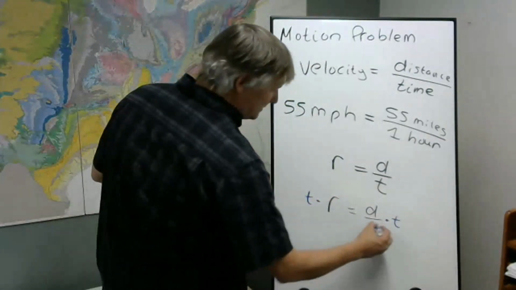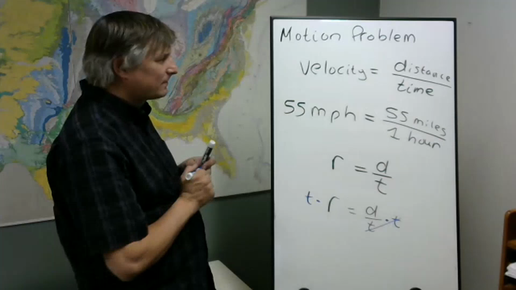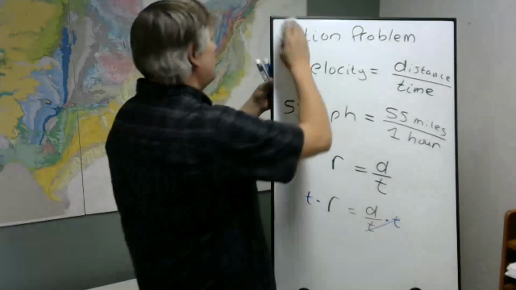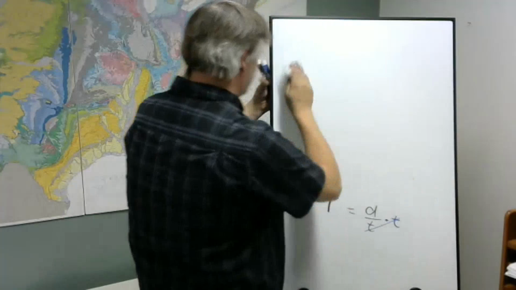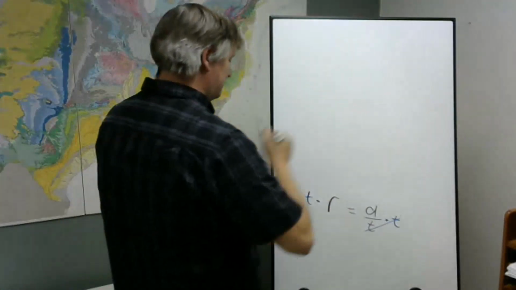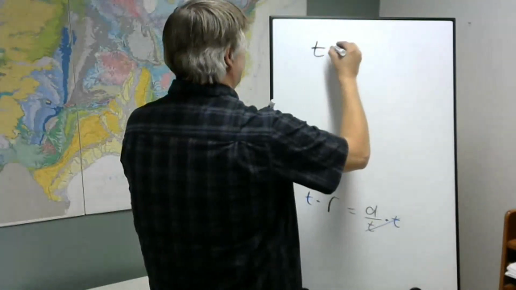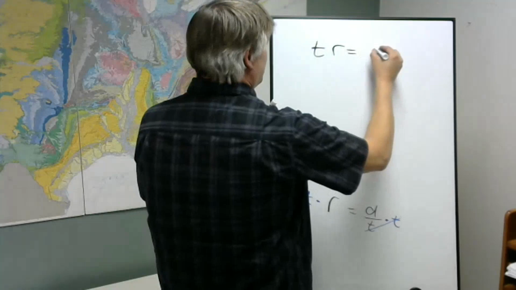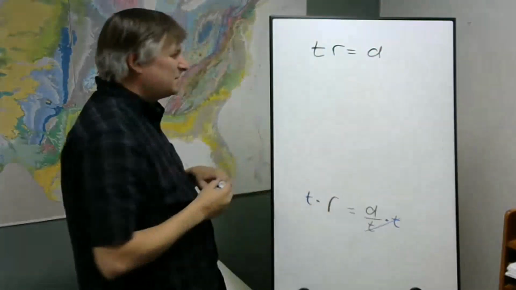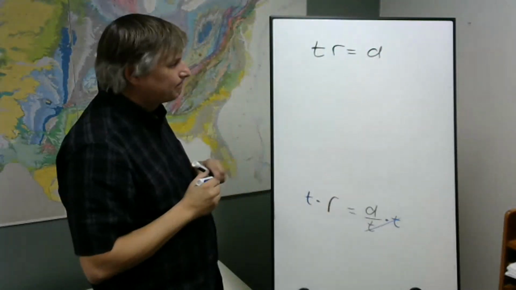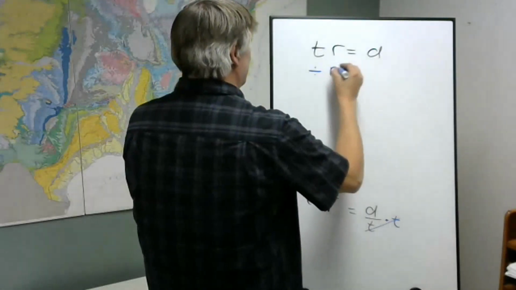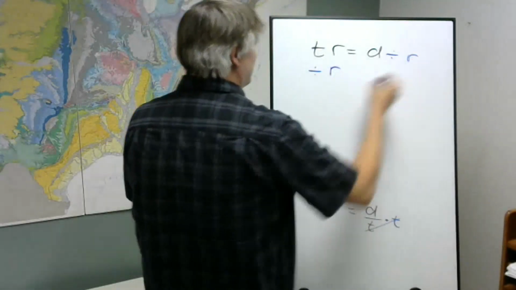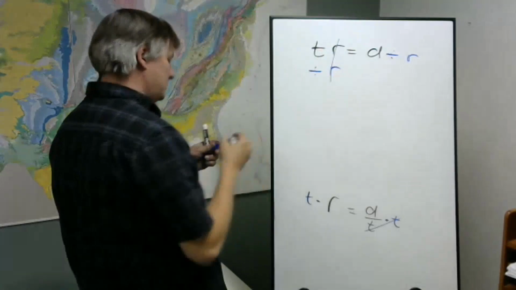The effect is that the T's will cancel there. So we'll get TR equals D. And then to solve for time, divide by the rate R. So those will cancel.